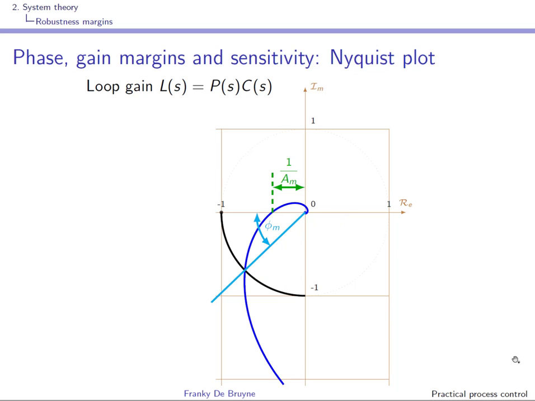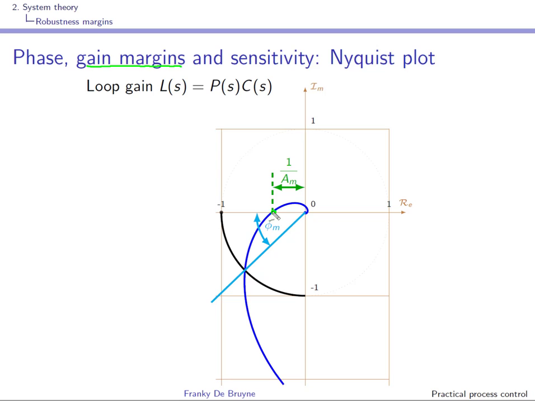We can now look at the gain margin, and for this we need to find a point on the Nyquist plot that corresponds to the ultimate or phase crossover frequency, a frequency where the phase shift is minus 180 degrees. So this point is where the Nyquist plot meets the negative real axis.